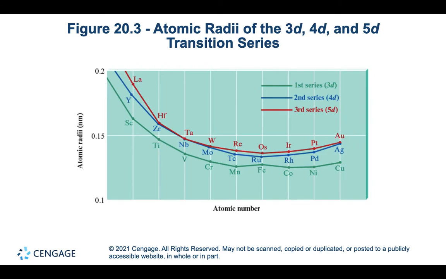The reason we don't see the same gap between 4d and 5d is that lanthanide contraction. Before you get to this d, you had to fill up an f orbital with 14 electrons, and to do so you had to add 14 protons, and those 14 protons shrunk the atom enough that you don't see the increase in number of energy levels having a big difference in the size of the atoms.